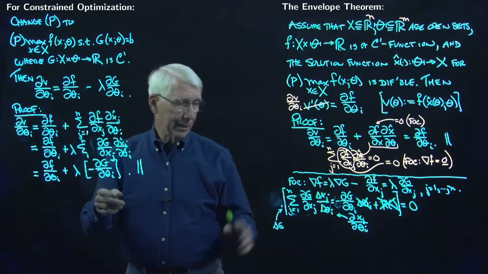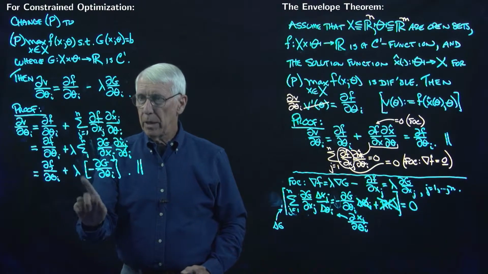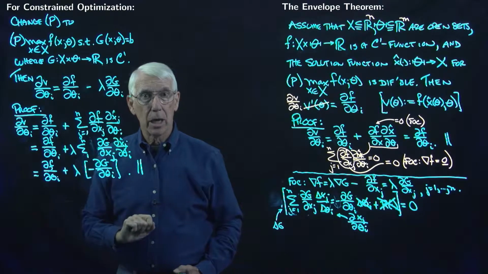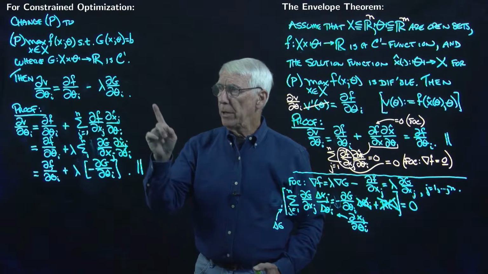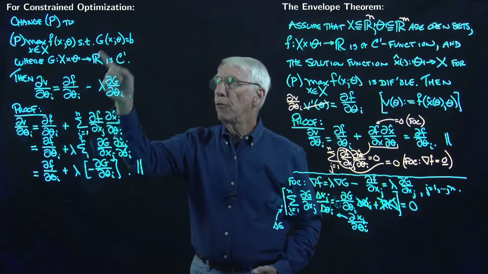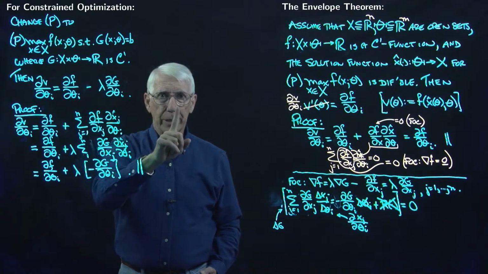And here, a little more complicated, but here we end up with lambda times the negative of this derivative here. So that gives us the conclusion of the envelope theorem for a constrained problem, and that's one constraint.